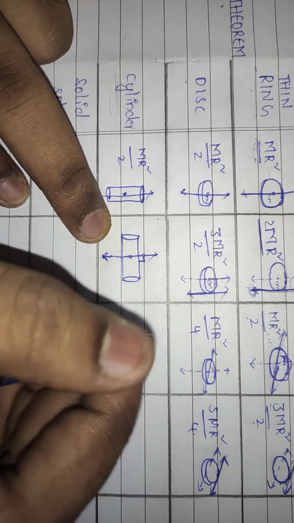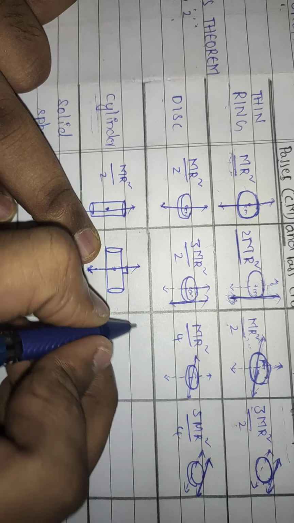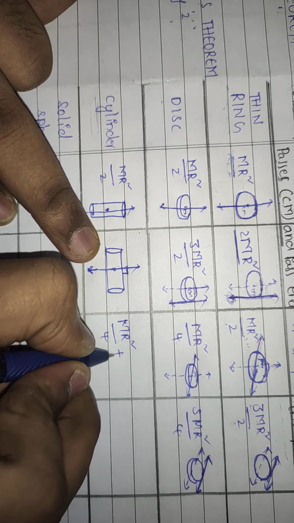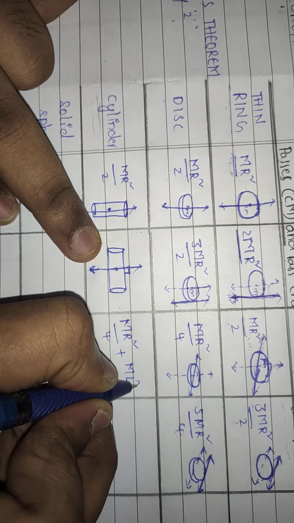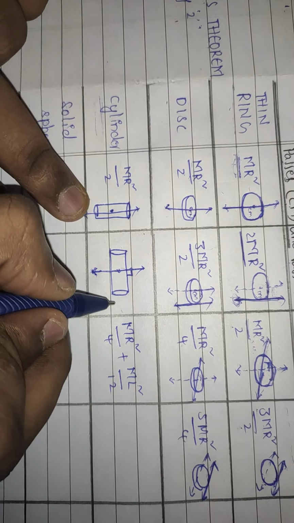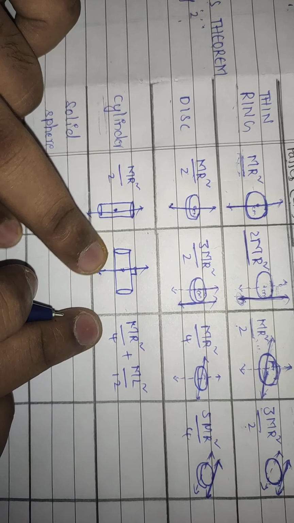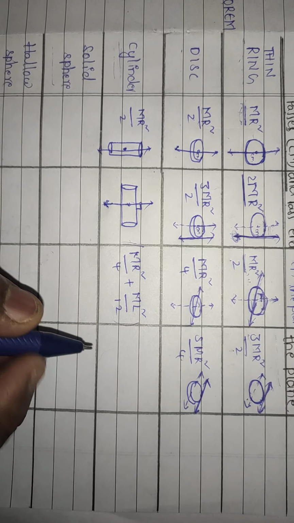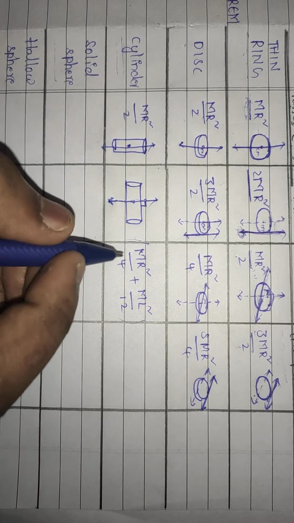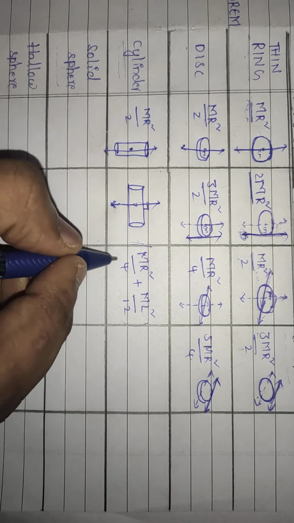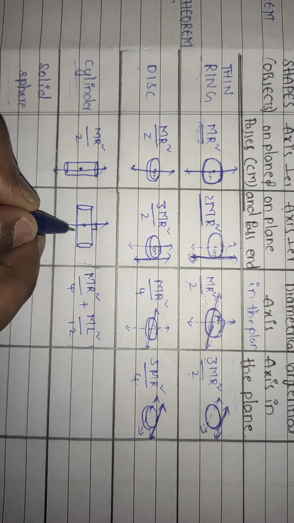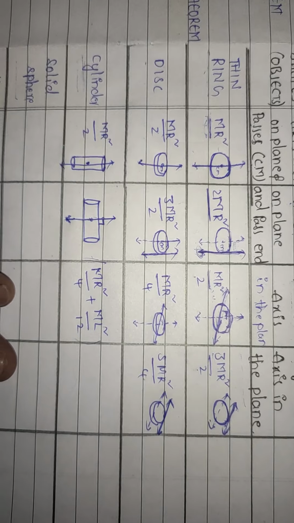For this we have to take, I am writing here, mr square by 4 plus ml square by 12. This is the only object which has a moment of inertia as a sum of two terms. L is nothing but the length of the cylinder, R is nothing but the radius, we know that.